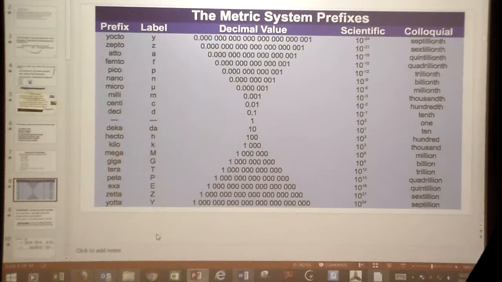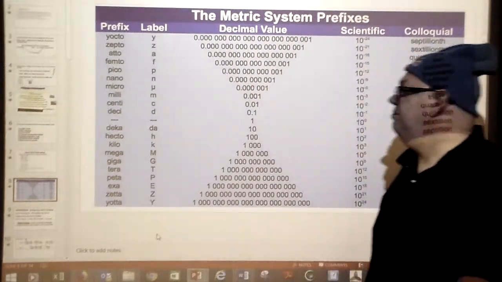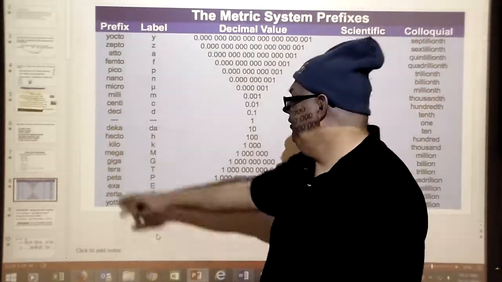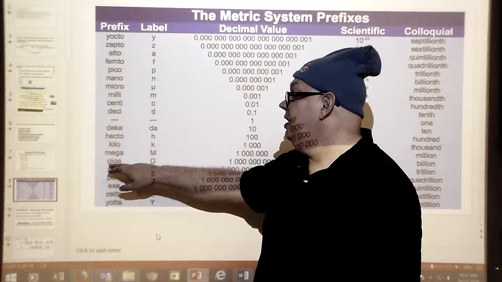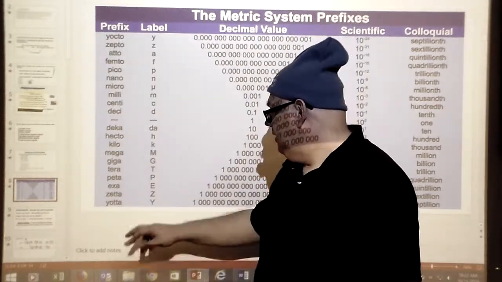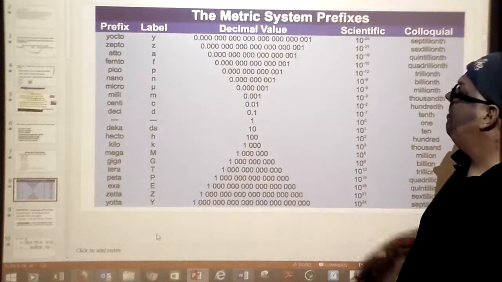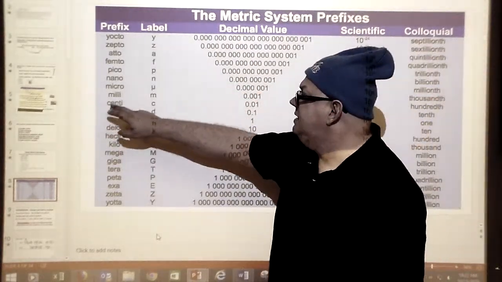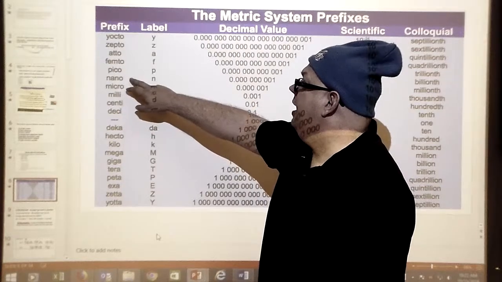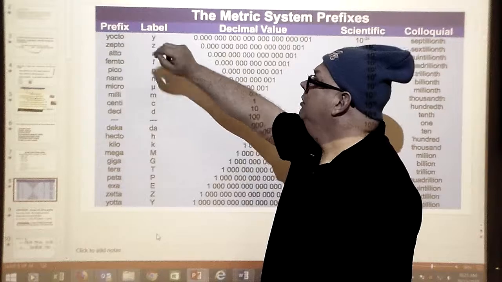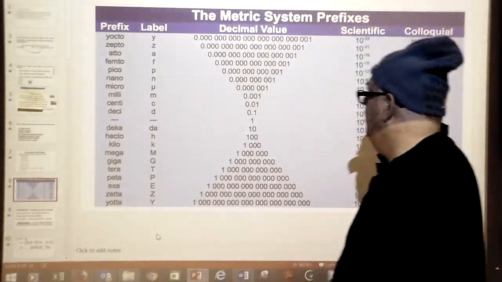So with that, these are all the possible metric system prefixes that we have out there. We have the terabyte, the gigabyte, the megabyte, the kilobyte, okay? And this is the one followed by that many zeros. When you go the opposite way, like deci, centi, milli, micro, nano, pico, femto, yocto, and so on.